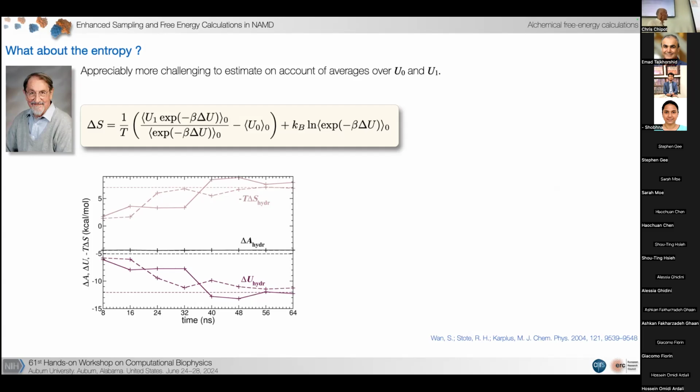In fact, this is an example of the hydration free energy of ethanol. What I'm showing here is the evolution of the free energy, of the internal energy, and of the entropy, T delta S. As you can see, as early as 8 nanoseconds, my hydration free energy has converged. It's not going to change. The dashed line is the experimental value.